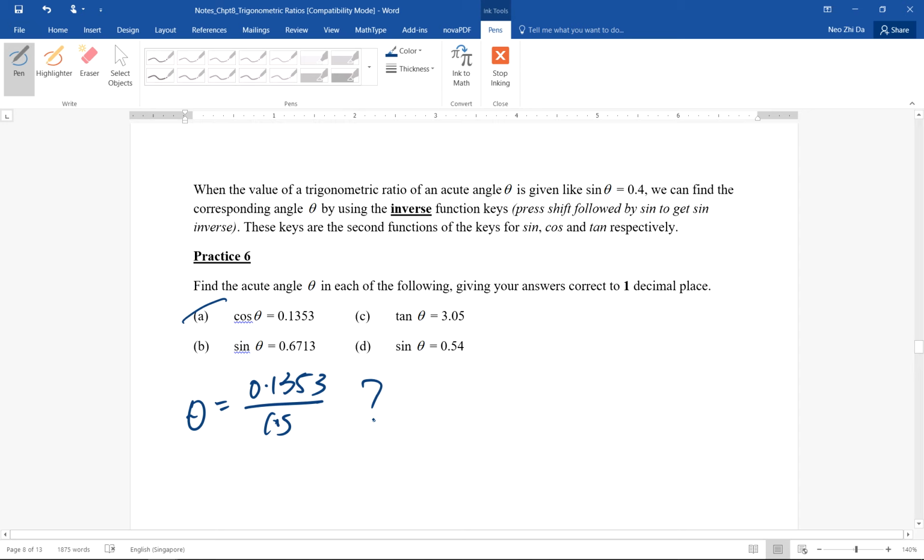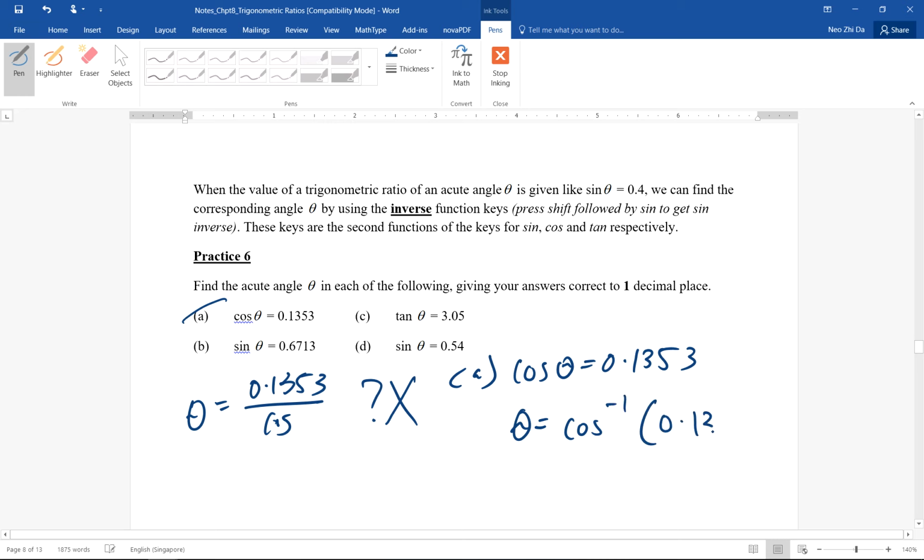Cosine is a formula. How can you divide a formula with no angle? It doesn't make sense. So this is wrong. So what's the way? This is the way. There's another function called cosine inverse. Look at your calculator. Above the cosine, do you see a cosine inverse?